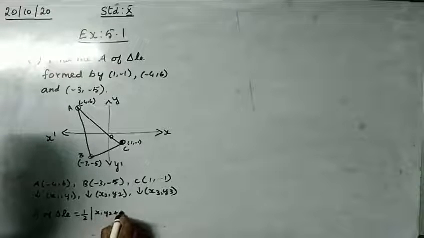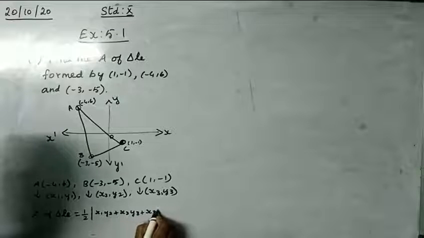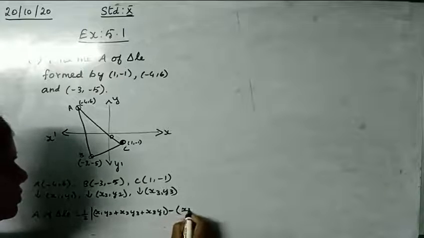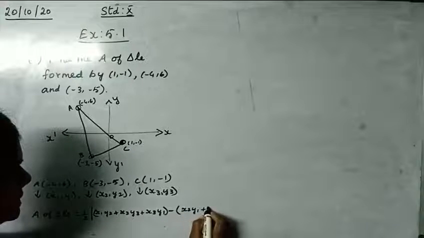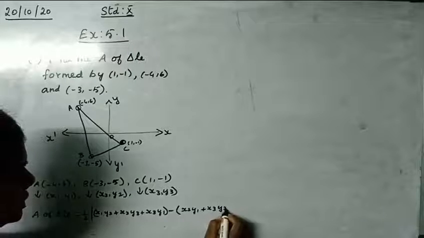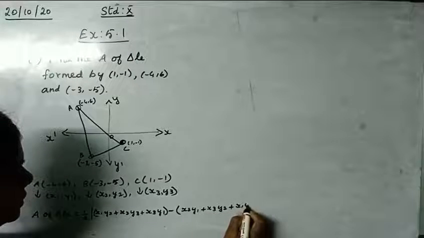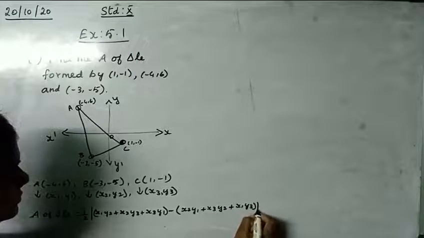Write down the formula at first. The area of the triangle is equal to 1 by 2 modulus of x1y2 + x2y3 + x3y1 minus (x2y1 + x3y2 + x1y3).